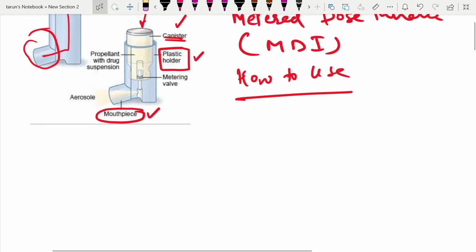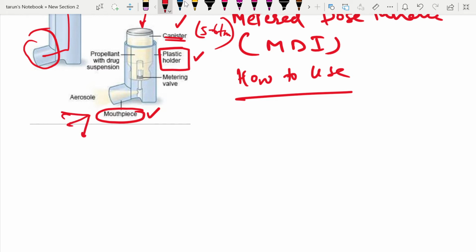You will say, take the cap off. You have to remove the cap from the mouthpiece. Then you have to shake the canister 5 to 6 times. Then you have to breathe out, or expire, through the mouth till the end of normal expiration.